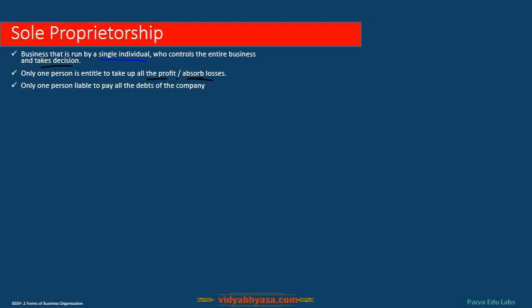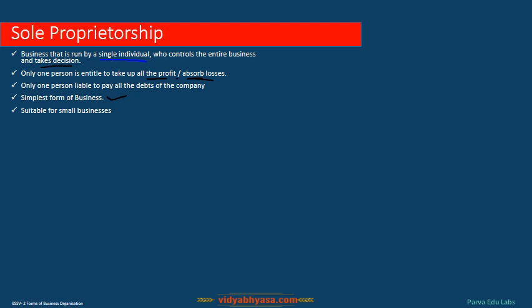Understood? Any debt or any loan of the company should be paid by this particular single person. Simplest form of business. Yes, this is the simplest form of business because there are no other acts established for a sole proprietor. It is one person, quick decisions, no legal formalities or minimal legal formalities. Anyone can start the business immediately.